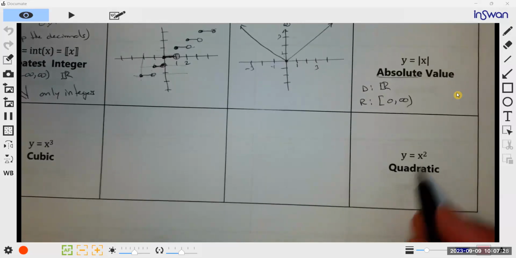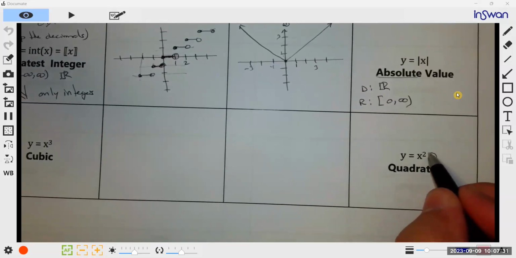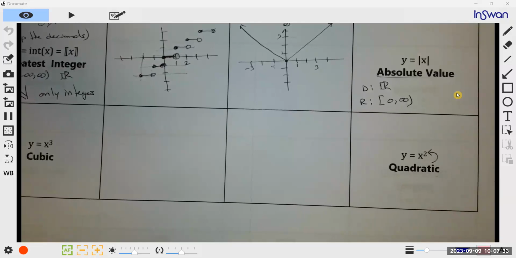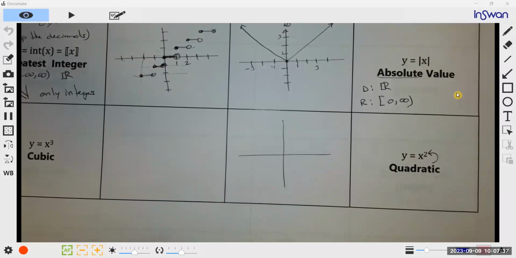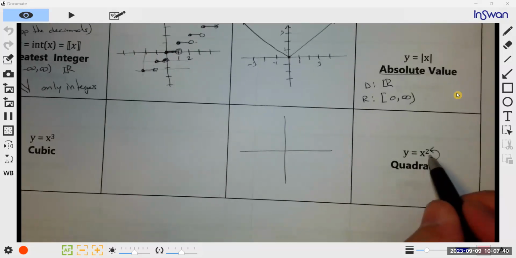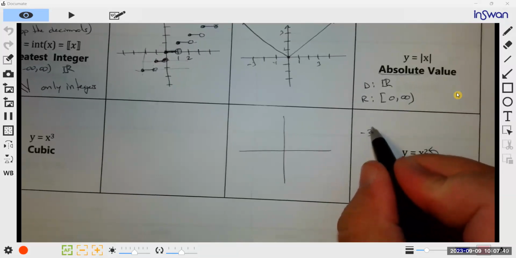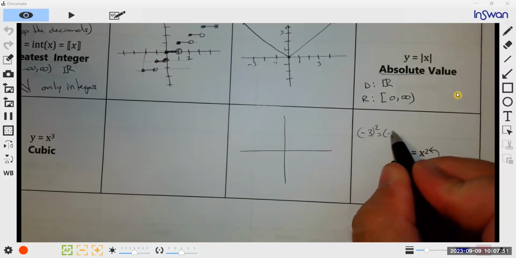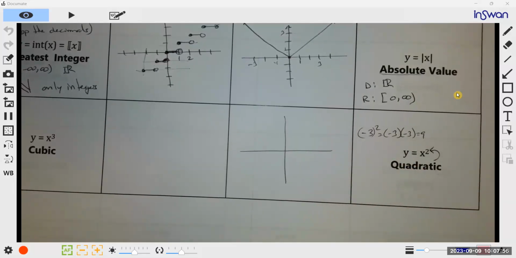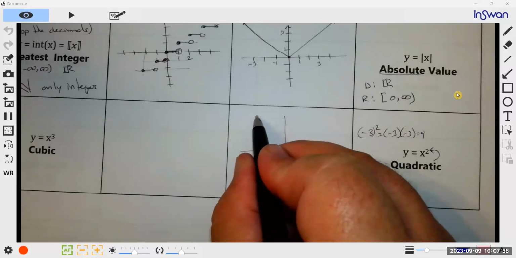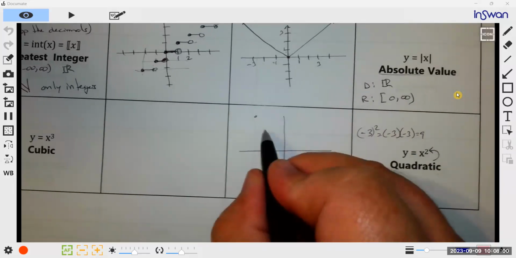All right. The quadratic equation is quadratic because it has a 2 there. Now if you put a negative in there, like negative 3 squared, this means negative 3 times negative 3, which is positive 9. If you put negative 2 in there, you get positive 4.